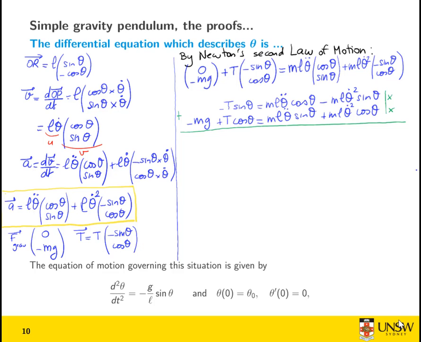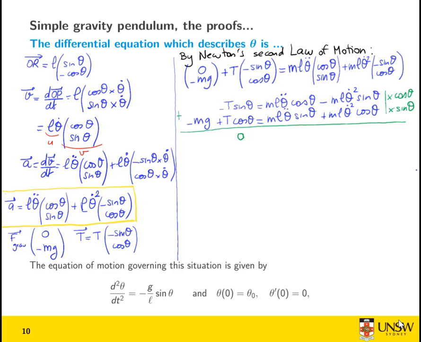So what would work is to multiply the first one by cosine theta and the second one by sine theta. Indeed, if we do this, we're going to be getting minus t sine theta cosine theta, and here plus t cosine theta sine theta. So that's going to be a 0 here, and that's exactly what we want.